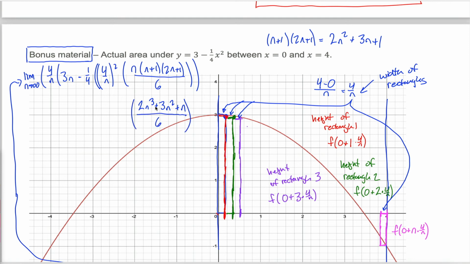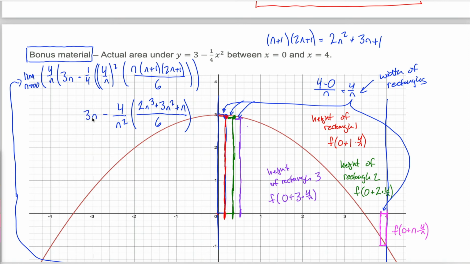These parentheses are the same as these parentheses. What about over here? 4 over n squared is the same as 16 over n squared. And 1/4 times 16 over n squared is the same as 4 over n squared. This 4 and one of these 4's cancel, and I get n squared in the denominator.